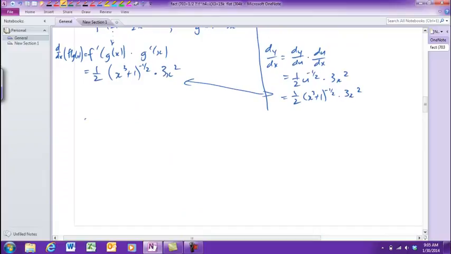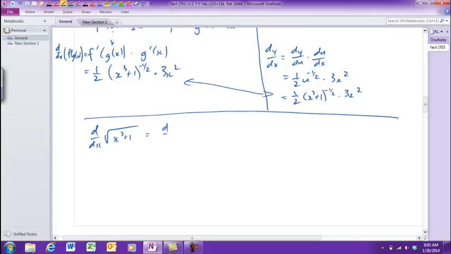And I'm going to do it one more way real quick, and this is just, when you get better at the chain rule, this is the way you're actually going to do it, sort of in your head. When I see the derivative of the square root of x cubed plus 1, I think, well, that's the derivative of x cubed plus 1 to the 1/2 power. And how do I take that derivative?